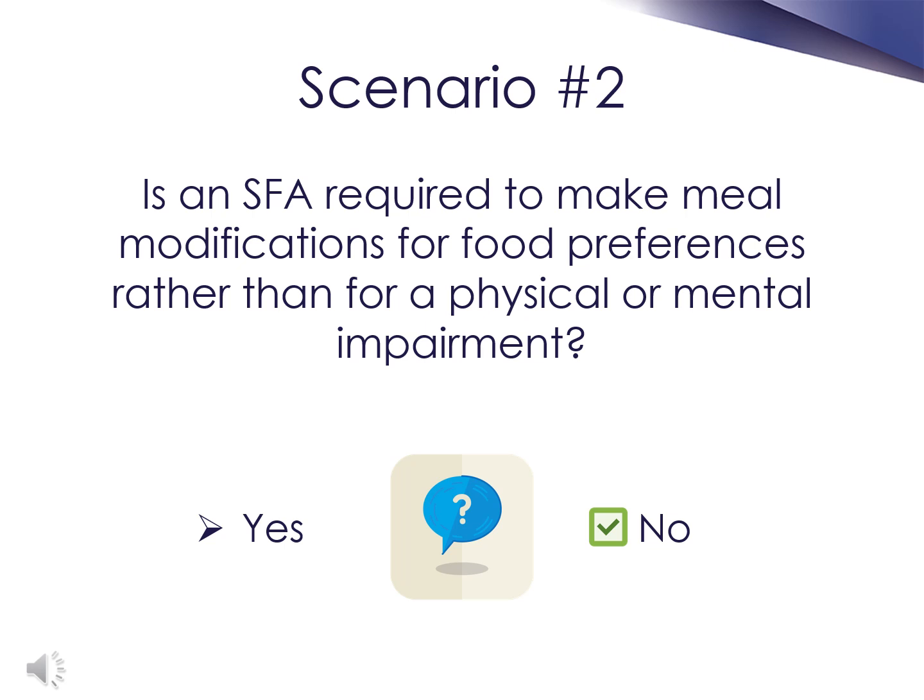Making preference modifications may help with participation in the school meal programs. Just remember that if you choose to make the modifications based on preference, the modification must fall within the meal pattern. This answer can be found on page 15 of SP 26-2017.